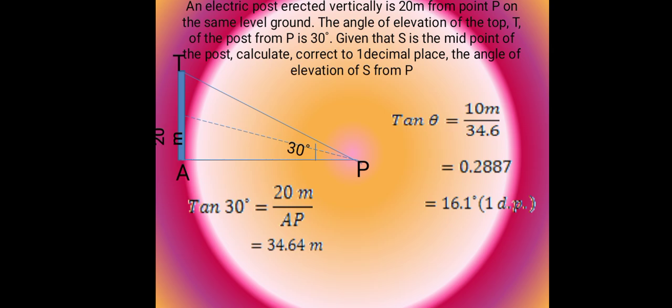Given that S is the midpoint of the post, calculate correct to 1 decimal place the angle of elevation of S from P. Now, first of all, we shall use the tan to find the distance AP. Having found that, we shall still use the tan to find the angle of elevation, which is 16.1 degrees to 1 decimal.